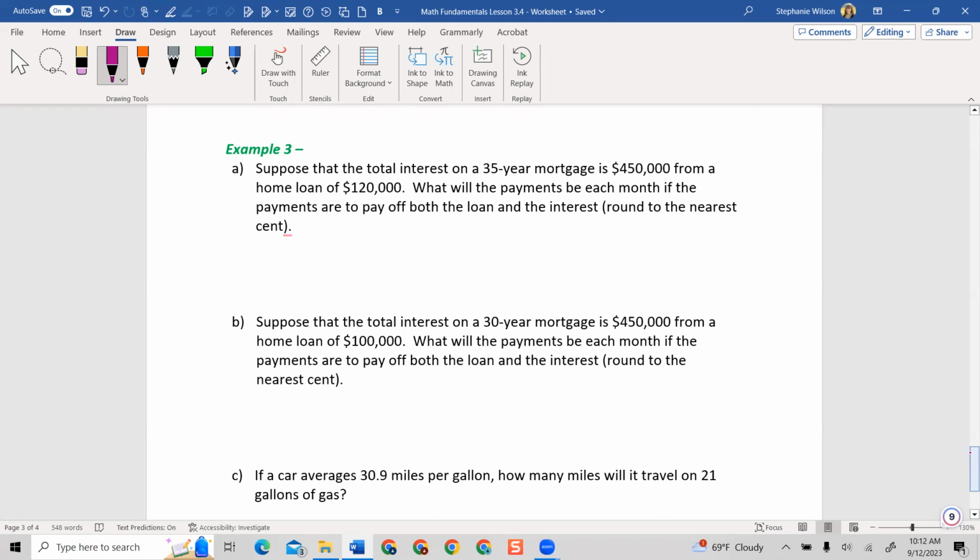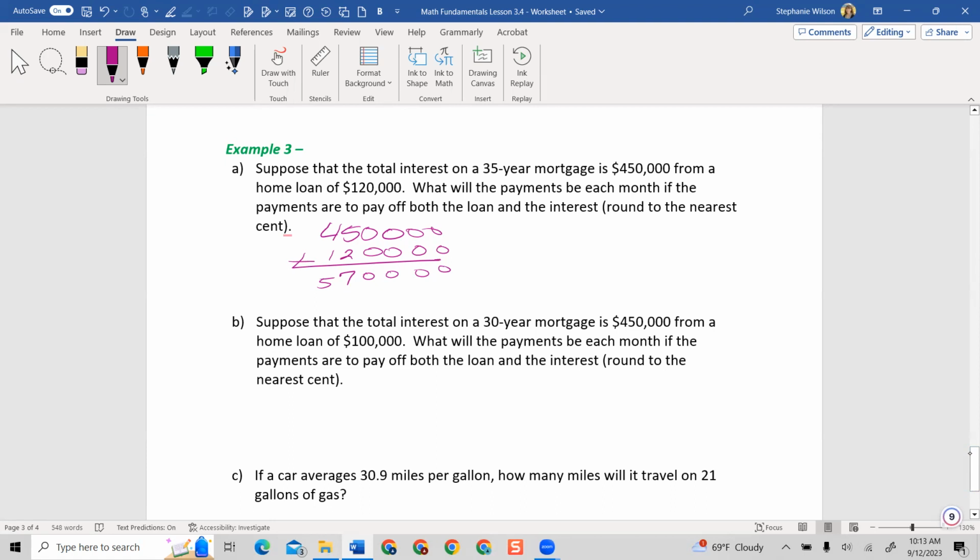So what I want to do is take that 450,000. Let's add on the 120,000. So it came out to 570,000 total, because we got the mortgage that has the interest and the loan of 120,000.